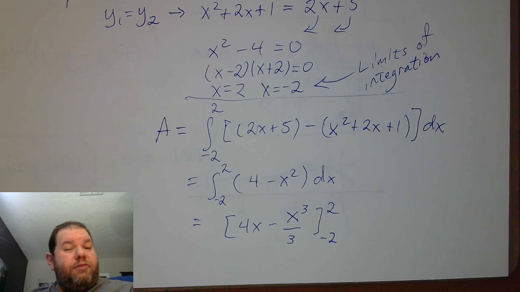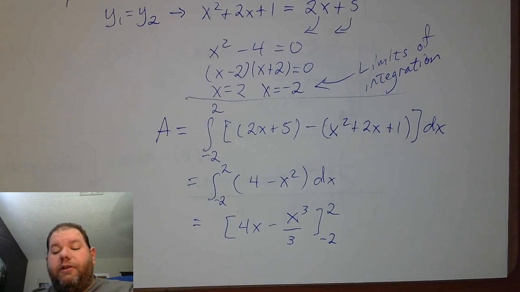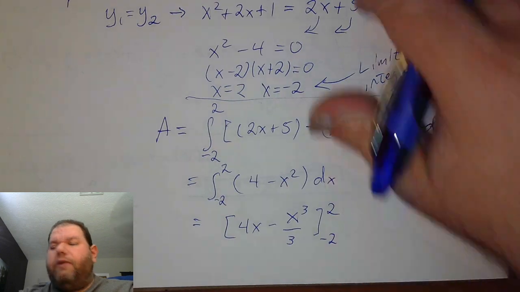Now, this particular problem in the book only asks you to set up the integral but not to actually solve it. But I think it'll be good just to go through and complete that, to make sure we're okay with that concept.